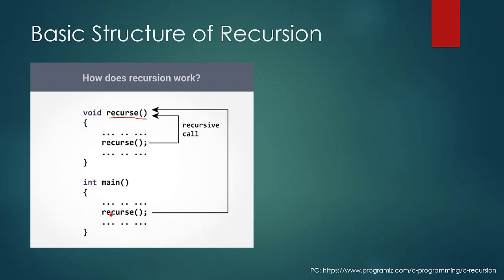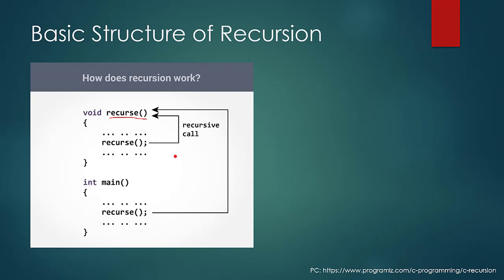Then in the called function, the recurse function itself is calling the recurse function. This situation is called recursion, and a base condition or terminating condition will be there so that the process does not continue for an infinite number of times.